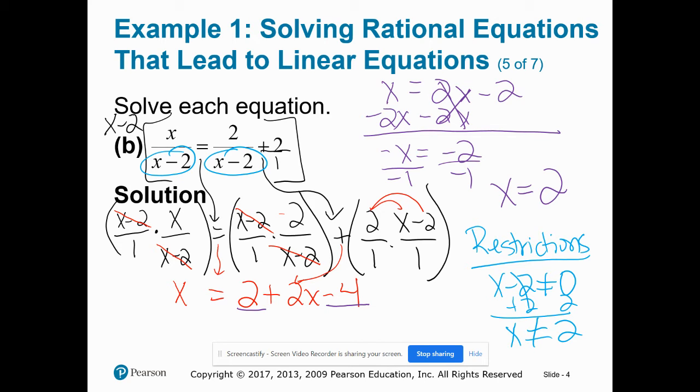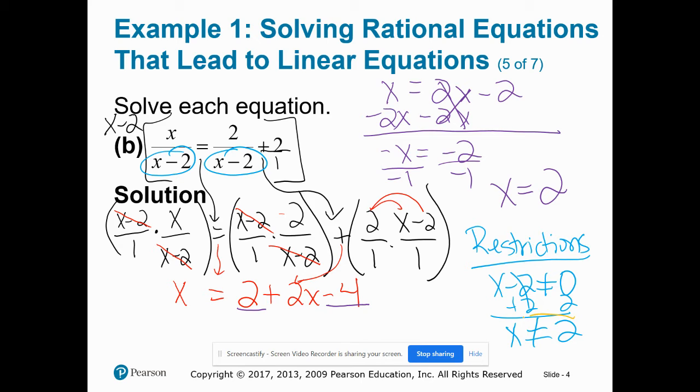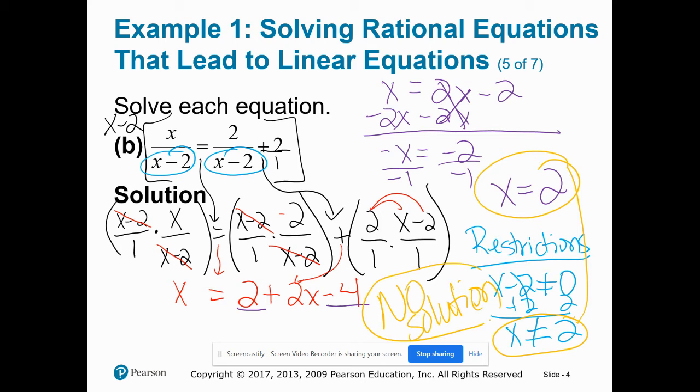And we say x cannot equal 2. X cannot equal 2, but my answer was 2. So 2 is an excluded value or extraneous, and this has no solution. I know, we just did all that work for no solution.